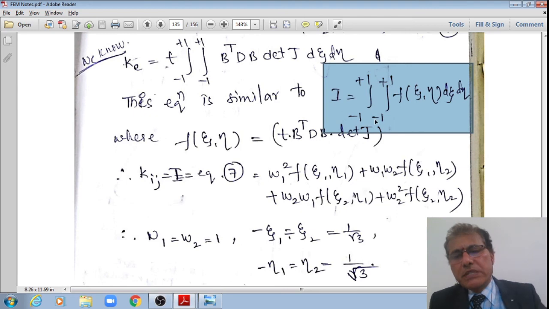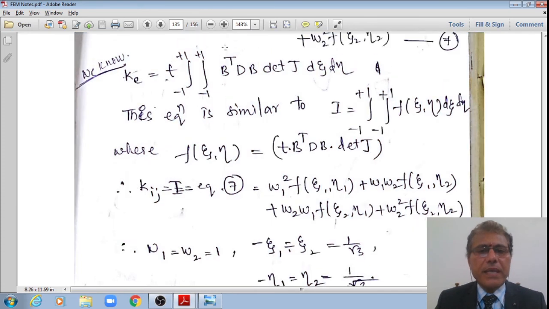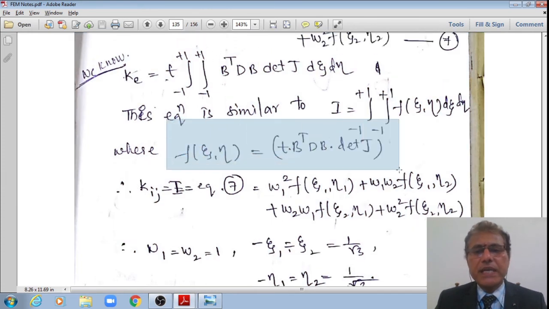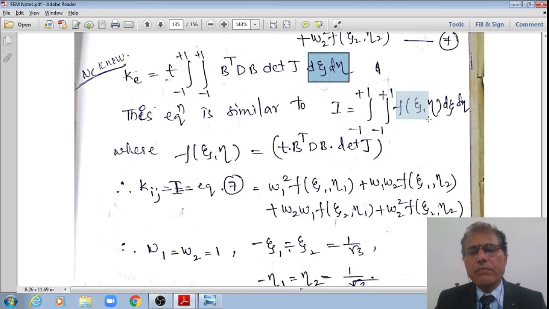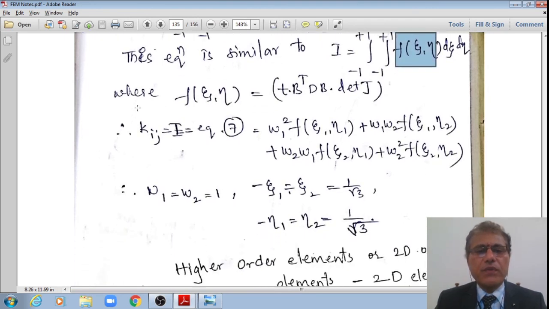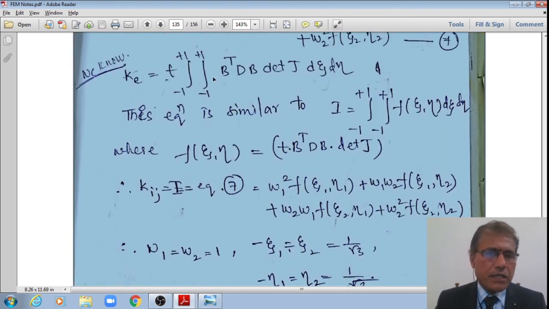given by this I is equal to minus 1 to plus 1, minus 1 to plus 1, f of xi eta d xi d eta, right? Therefore, comparing this, now I can say that my function f of xi eta is t B transpose D B det J, right? The rest of the thing is d xi d eta. That is how my function is, and that is my integral actually.